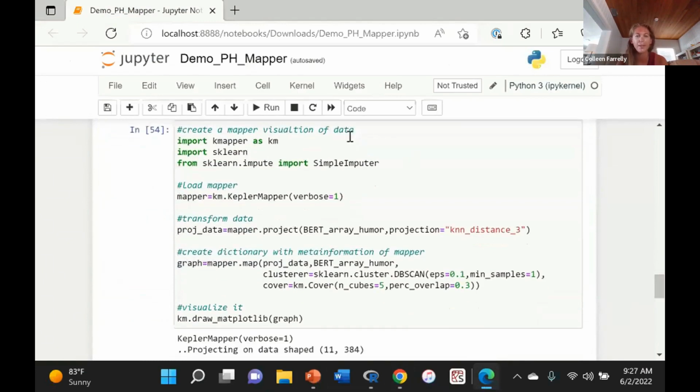We're going to use the K-mapper algorithm and our sklearn package to look at our clustering. So we load our mapper. We define a transformation of our data. Here I'm using k-nearest neighbors distance for embedding with 3 nearest neighbors.